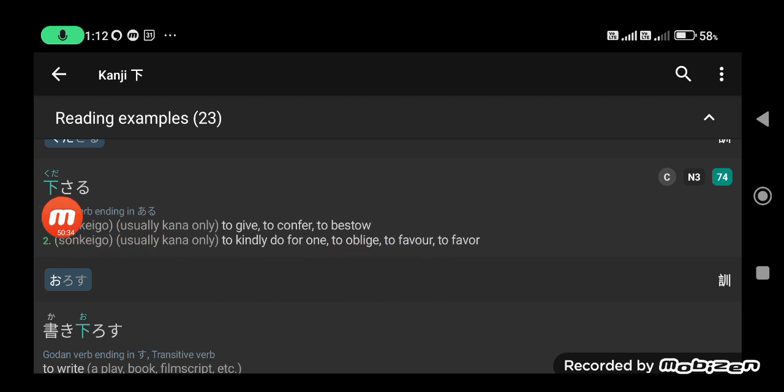Usually this kudasaru verb is transformed to its extracted form, kudasari. Just like when I say goshichou kudasari arigatou gozaimashita, meaning you've given me the favor of watching my videos.